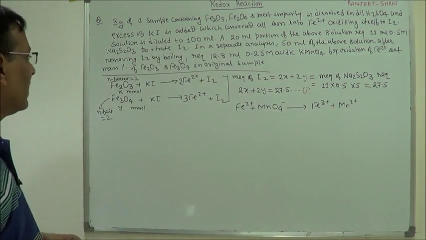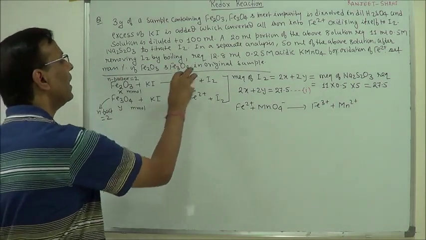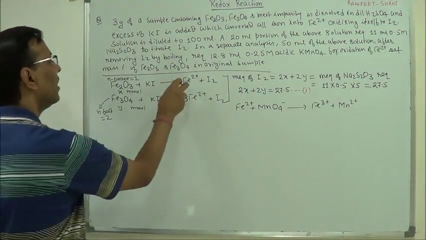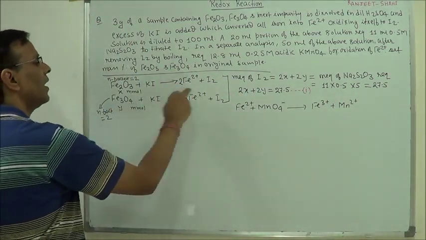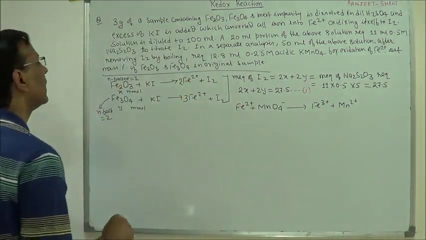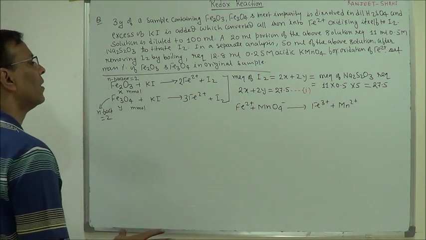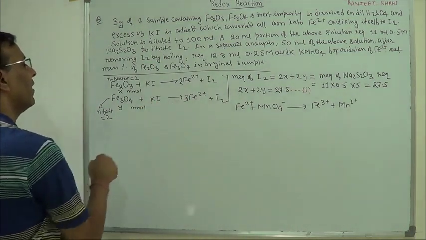We cannot say that milliequivalent of ferrous will be the same here and here, the reason being the N factor is different here and here. Here the N factor is 1. So it is better we go through mole for calculating ferrous ion here.